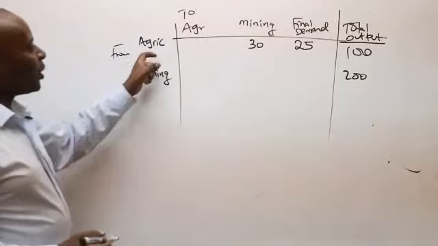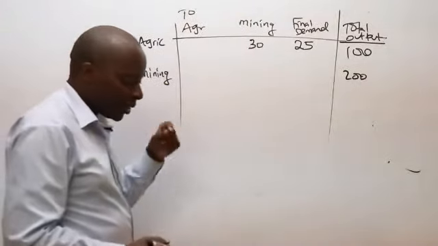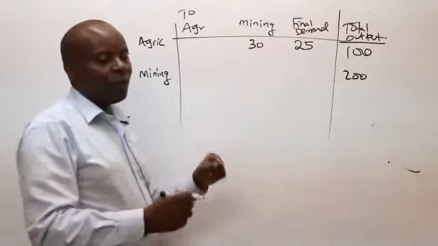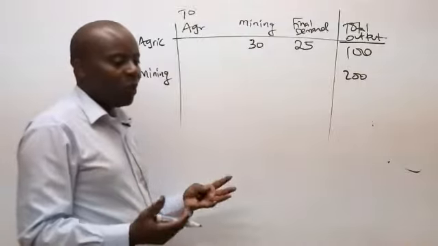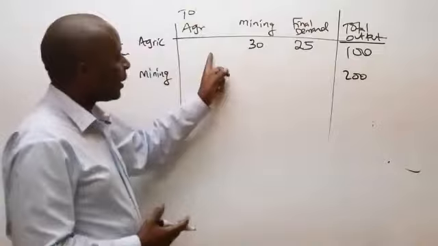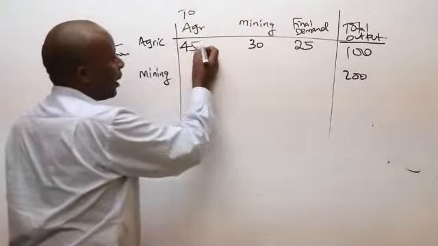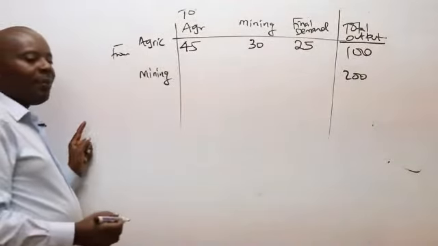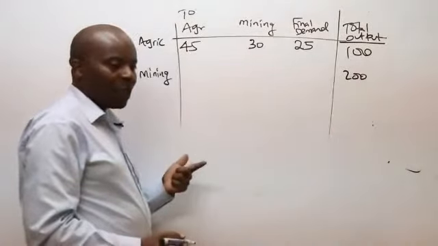Agriculture itself retained some kgs for further production, like maize you plant again. Because they must add up to 100, agriculture must be 45. Now mining also supplies some things to agriculture, for example fertilizers.